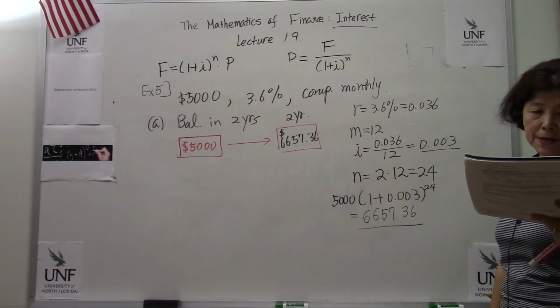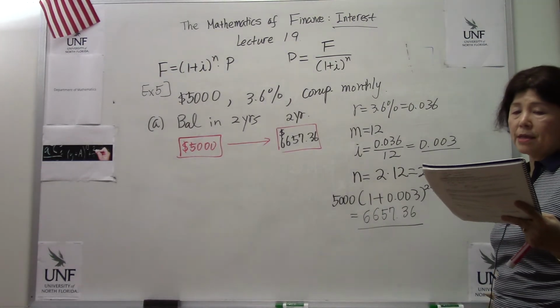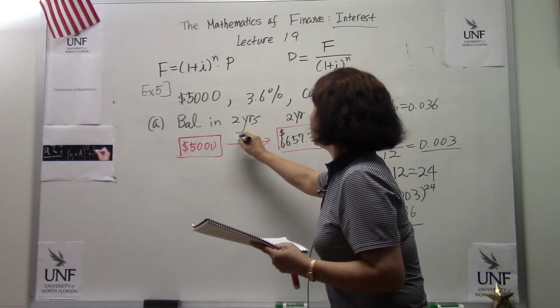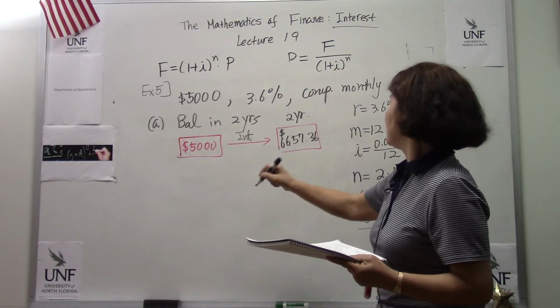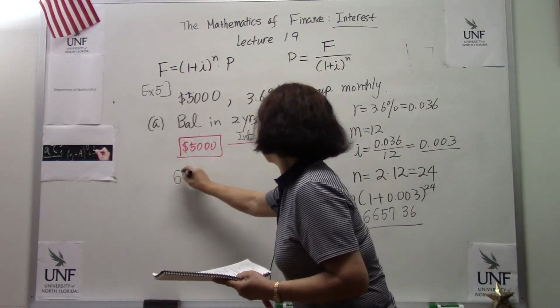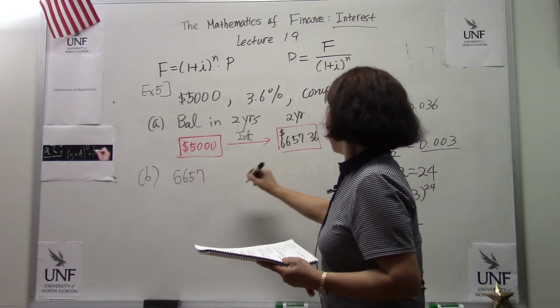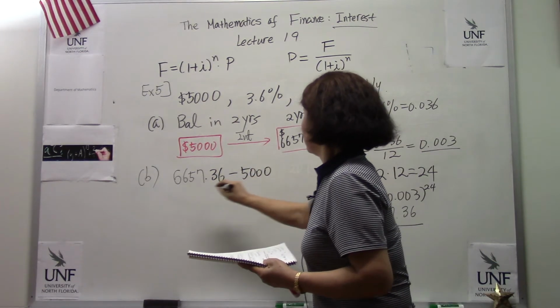So can you answer what is the interest earned during the first 2 years? Yeah, you can keep going, but during the first 2 years, this is the interest earned, okay? So the difference between these two. So 6657, so this is part B. 6657.36 minus 5,000.